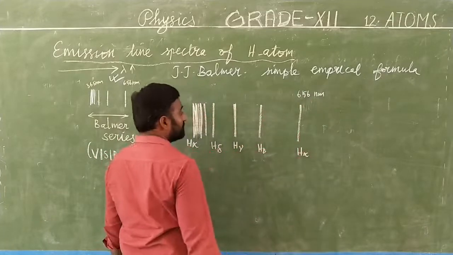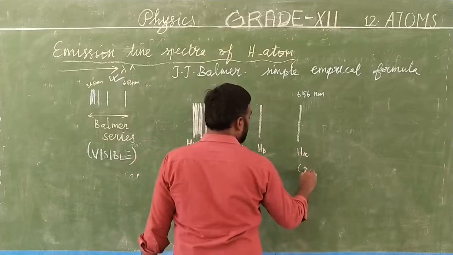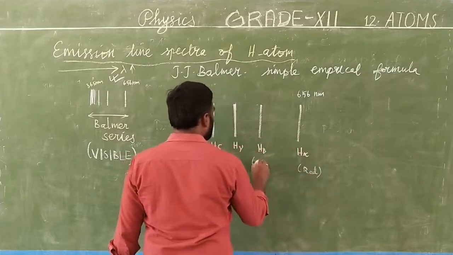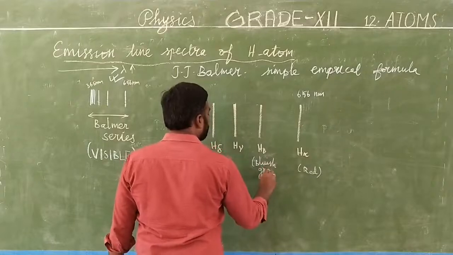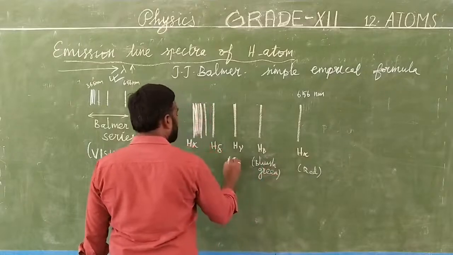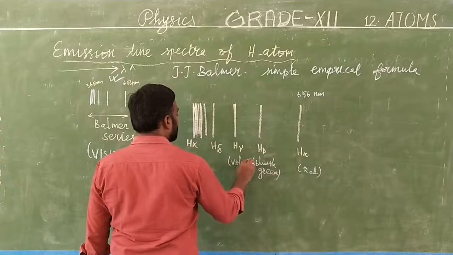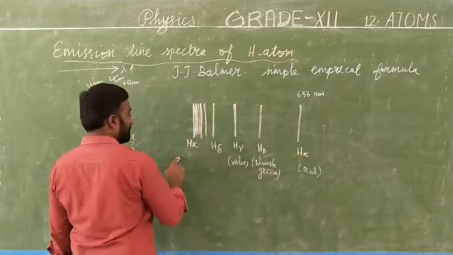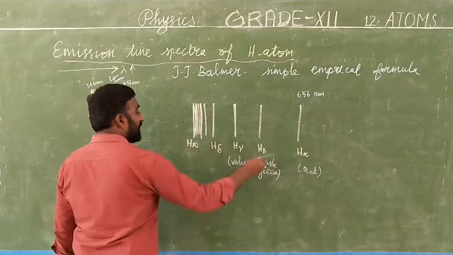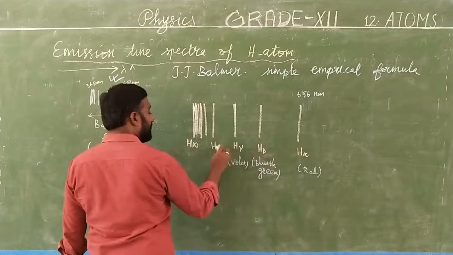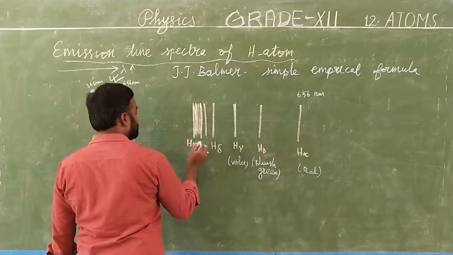H beta is bluish green, and H gamma is violet, and it goes like this. Finally, it's H infinity: alpha, beta, gamma, delta, and infinity.